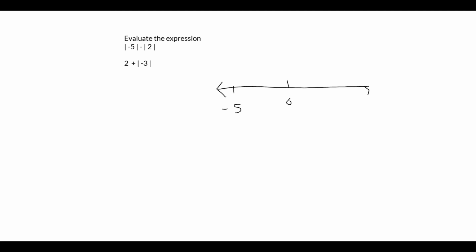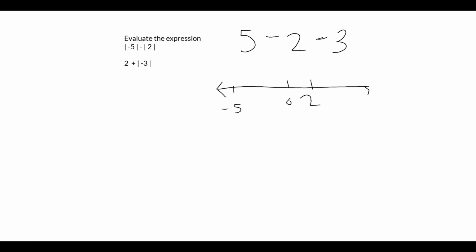And remember, distance is always positive. So our distance is 5. So what we have is 5, and then minus, and then the absolute value of 2, which if we graph that right there, 2. The absolute value of 2 is 2, so we have 5 minus 2 equals 3.